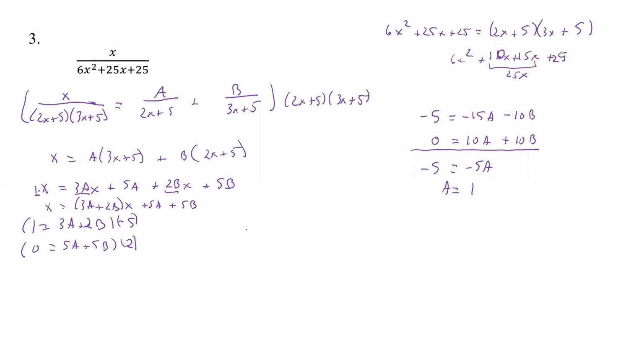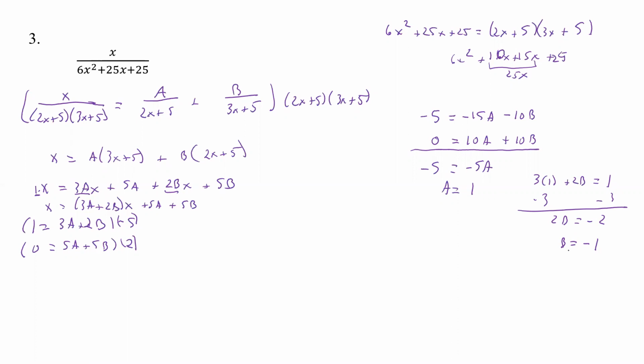And so we can say maybe, okay, well, if a is 1, then 3 times 1 plus 2b equals 1. And so we're going to subtract 3 here, subtract 3 here. And so 2b equals -2. And so b equals -1.